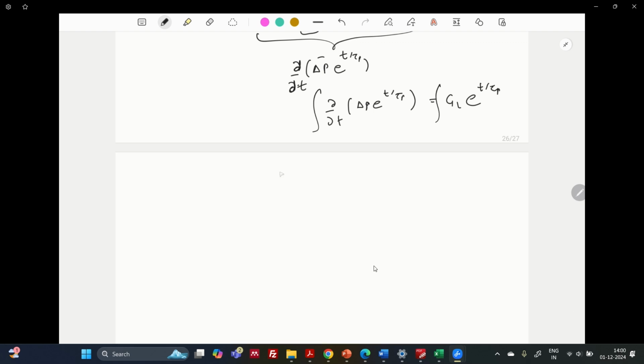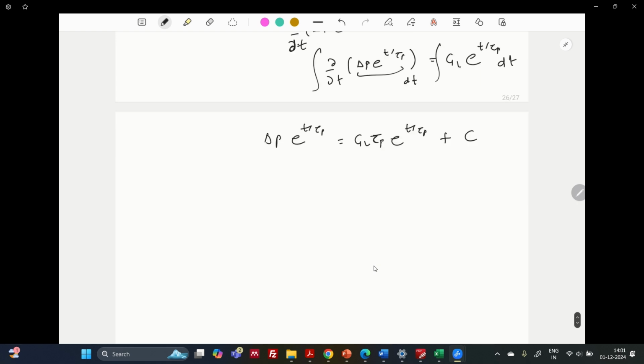Integrate both sides with respect to time, both sides are functions of time. On the left hand side, because it's the differentiation of this whole thing, I simply get delta P e to the power t by tau P, is equal to, GL is a constant, I can take it out of the integration, and the integration of e to the power t by tau P will give me e to the power t by tau P divided by the coefficient, which is 1 by tau P, so that will become into tau P, plus the constant of integration c.